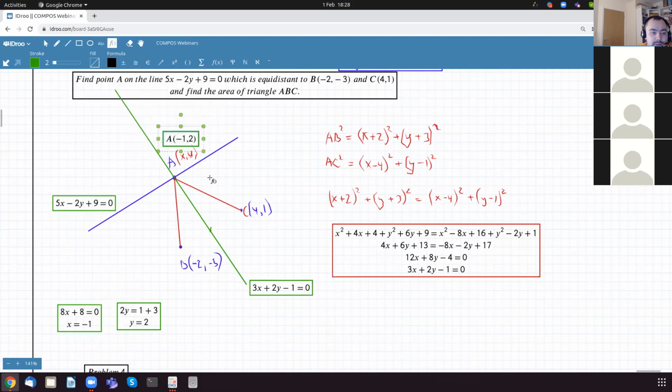Since we established that this green line is the perpendicular bisector, then it becomes quite easy to find. We just need to find the midpoint of BC. We find the midpoint of BC, label it M.